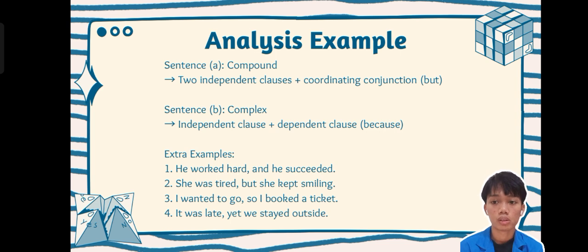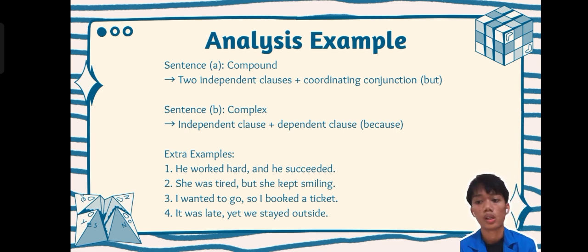Sentence A is a compound sentence because it has two independent clauses joined by the coordinating conjunction but. Sentence B, however, is complex because the clause because the director was busy is dependent.